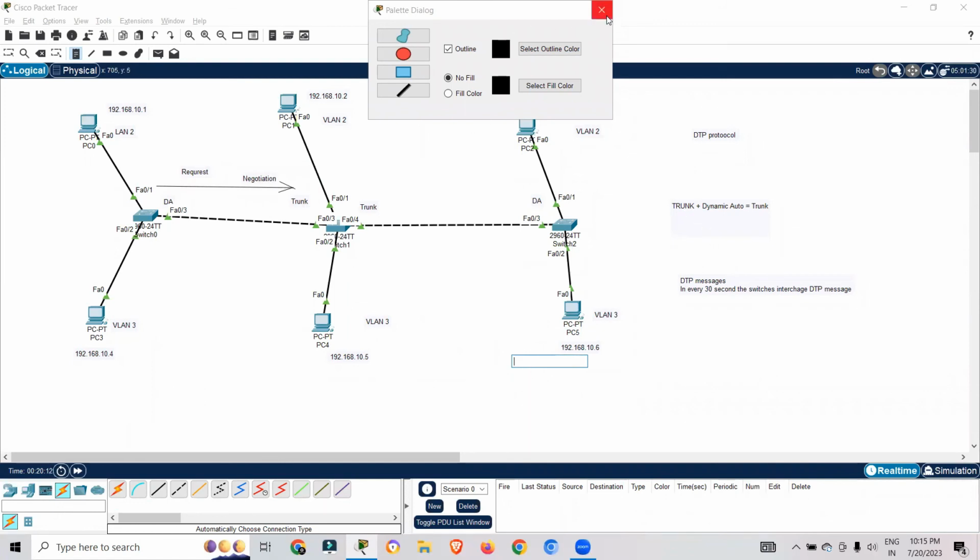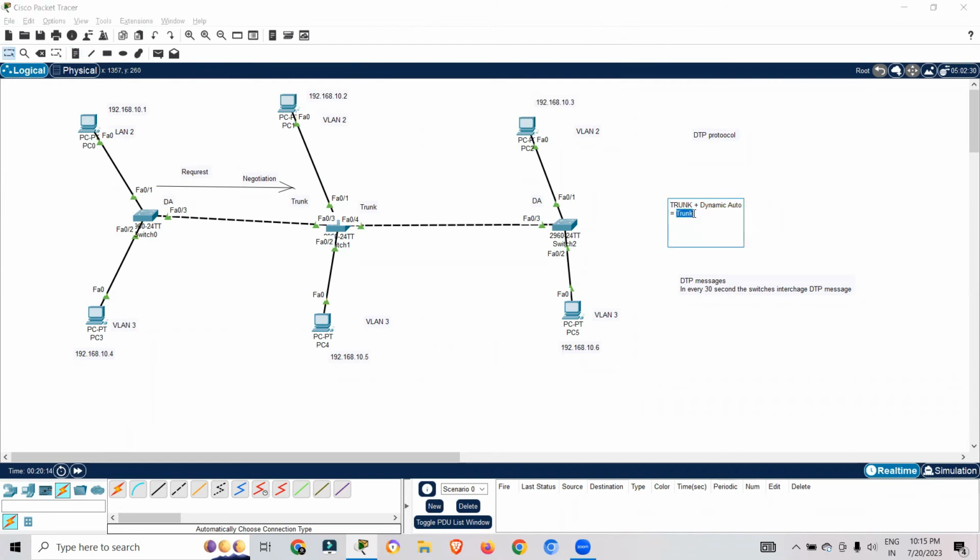I already discussed negotiation. Negotiation is possible only in conditions like trunk plus dynamic auto equals trunk, and trunk plus trunk equals trunk. That means they can accept the request. So every 30 seconds the switches exchange the DTP messages, and the DTP protocol works in the background.